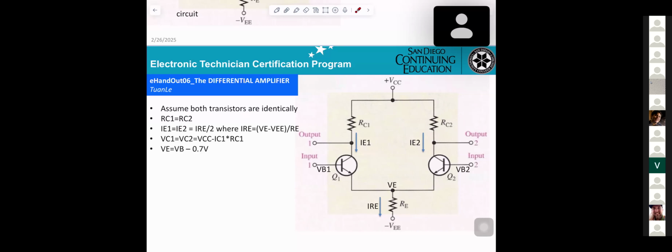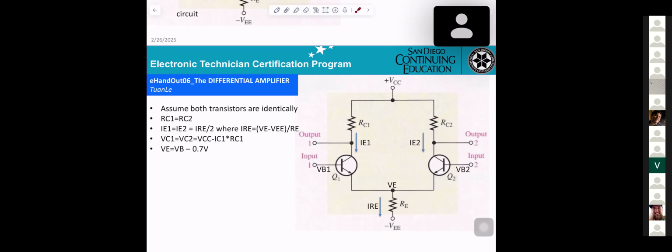IE1 equals IE2, and each equals the current IRE divided by 2, where IRE equals VE minus VEE divided by RE.